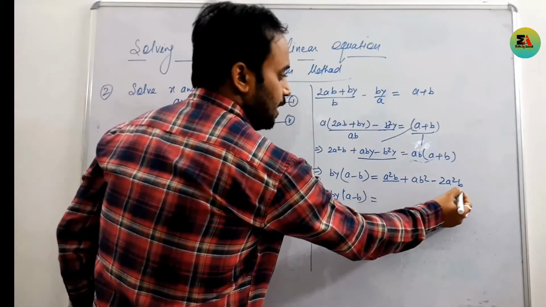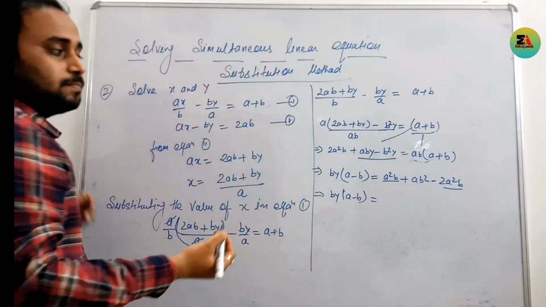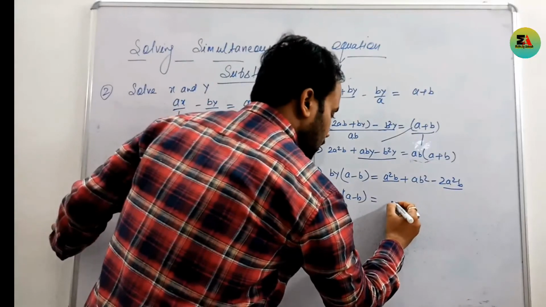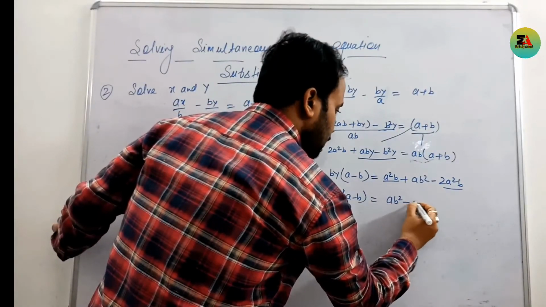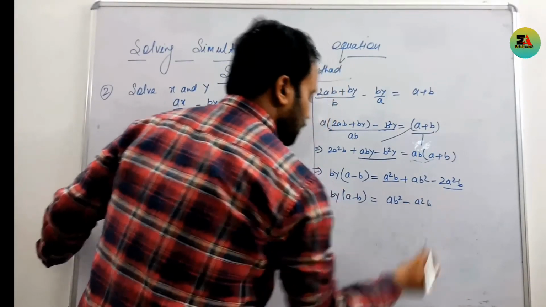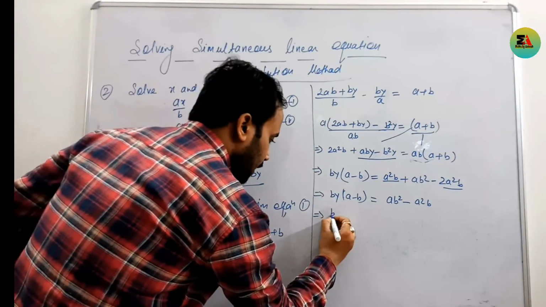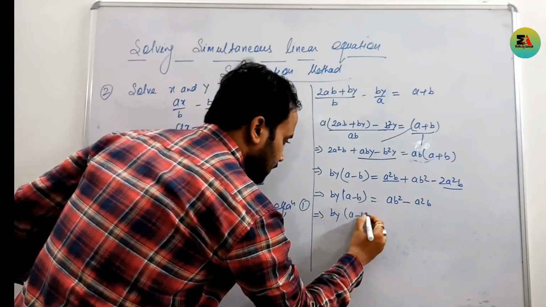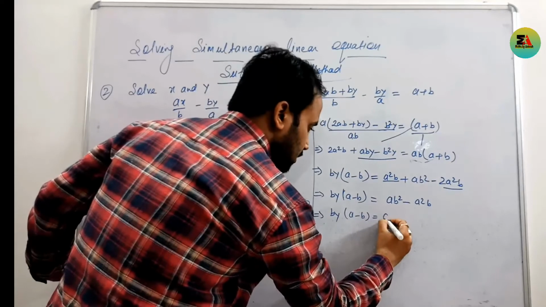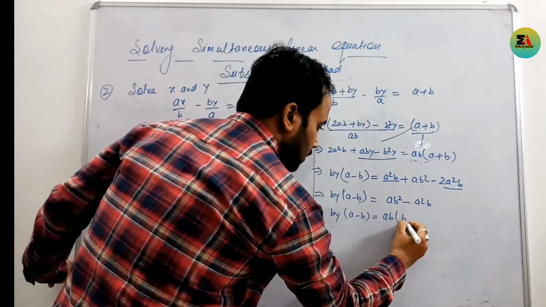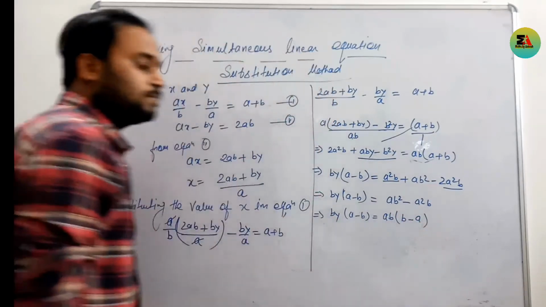Now a square b and 2a square b are like terms, so subtract them. It becomes ab square minus a square b, and again by(a − b). If you see, ab is common, so this becomes ab(b − a). Clear?